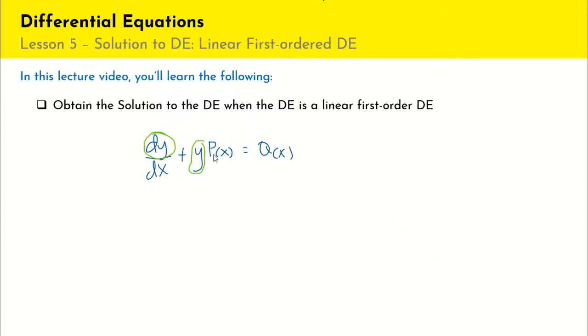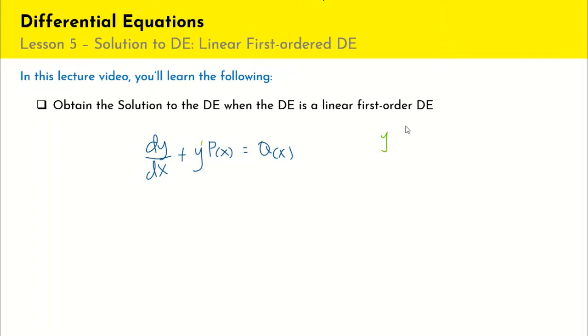So we look at the y, which is the dependent variable here, and we look at the exponent. What's the exponent here? The exponent is 1. So when y is raised to 1, or the power of y, n, is equal to 1, then that is linear.